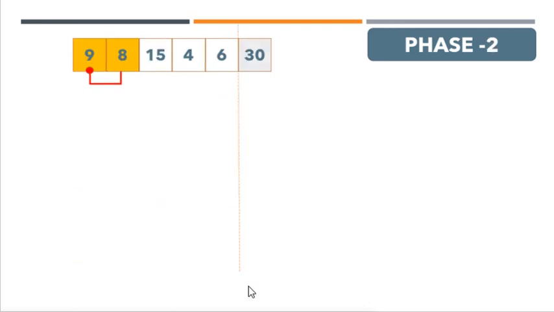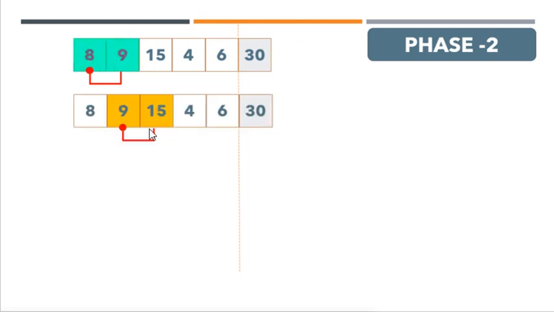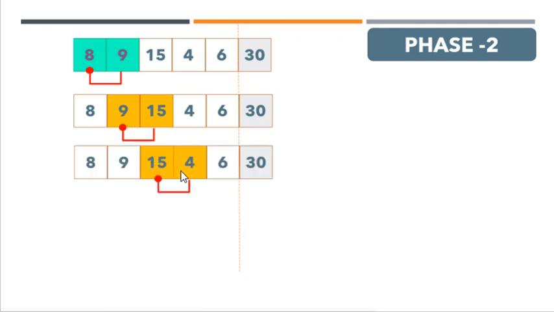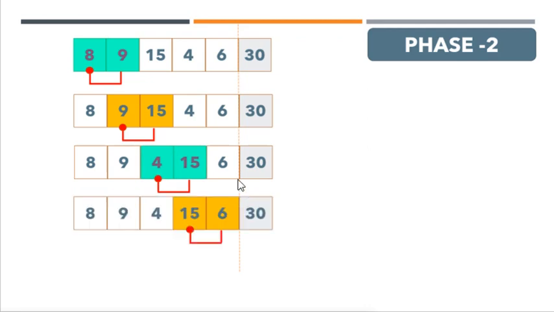Cool. So that's iteration 2. Let's begin again. Okay. 9 and 8 are compared. 9 is bigger, so yes, swap them. Now go ahead, compare 9 and 15. Now it's smaller, no change. 15 and 4 are compared. Swap them. Now 15 and 6 will be compared. 15 is bigger. Shuffle.